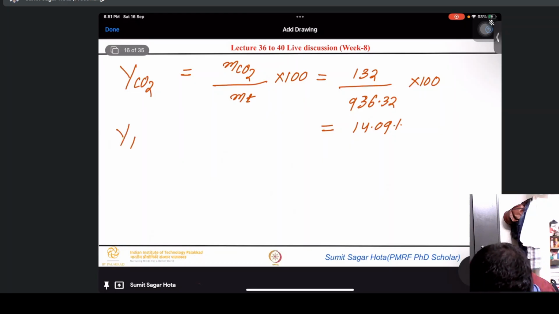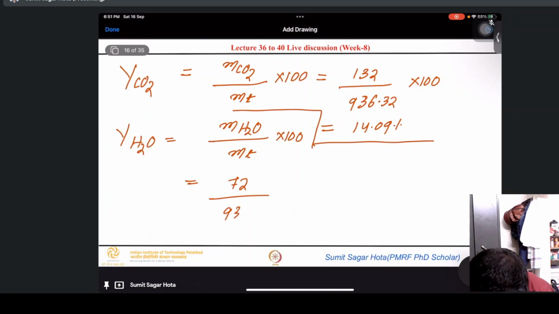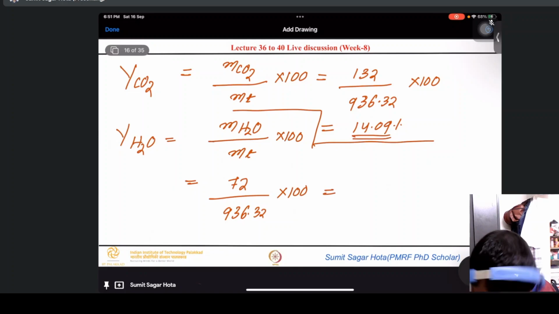Y of H2O is M of H2O divided by M total into 100, which is 72 divided by 936.32 into 100, equal to 7.69 percent.